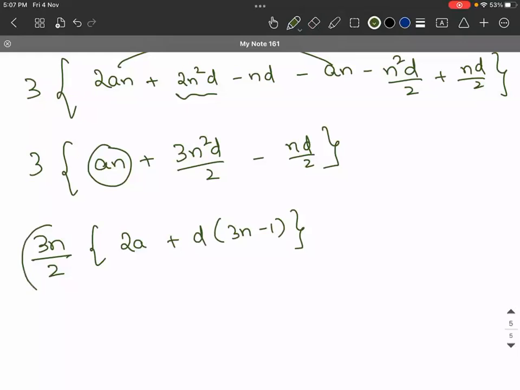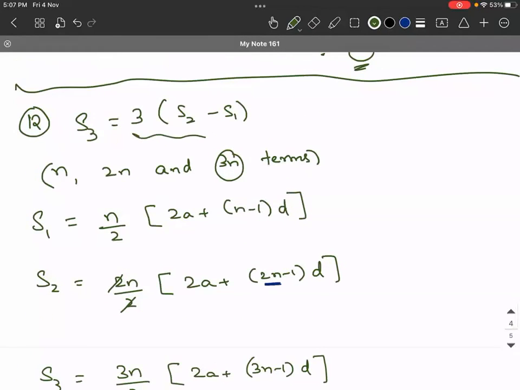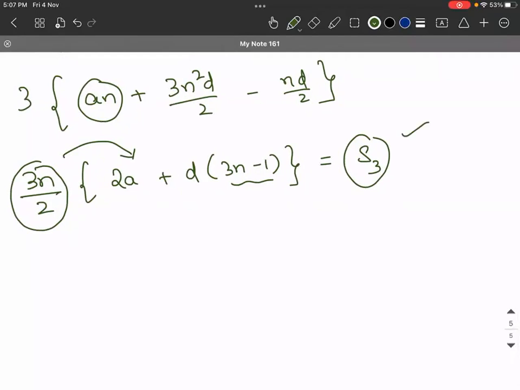So 3n by 2 into 2a plus 3n minus 1 into d is actually S3. So what were we asked to prove? Prove that 3 times S2 minus S1 is equal to S3. Right?